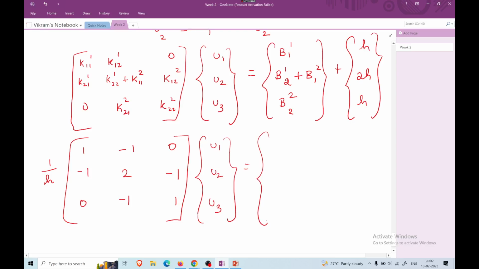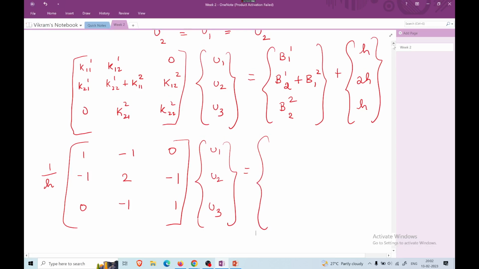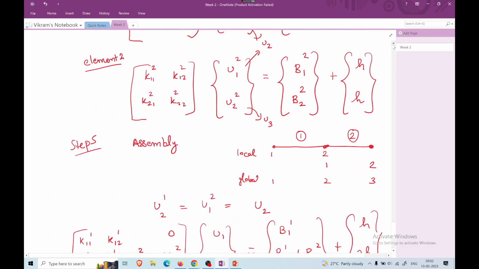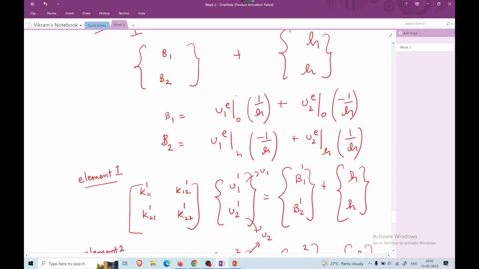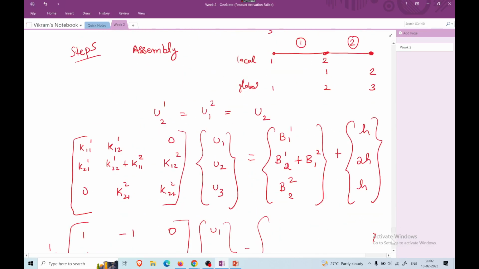So this thing will be a little confusing, so we'll have to see term by term. We have got to see that. So what is B11? So this is B1 and B2. Okay. So I'm going to write B1 and B2. We'll settle this stuff.